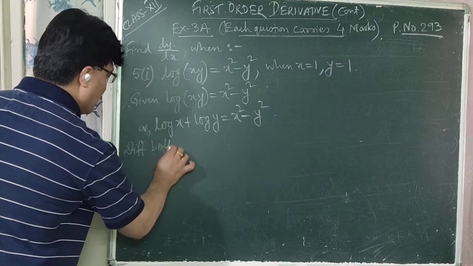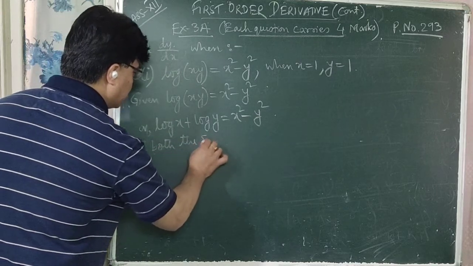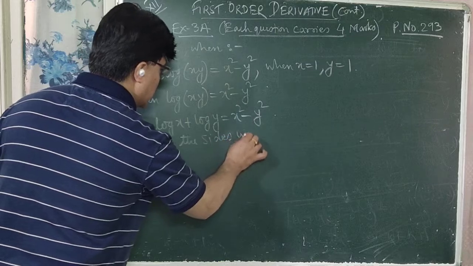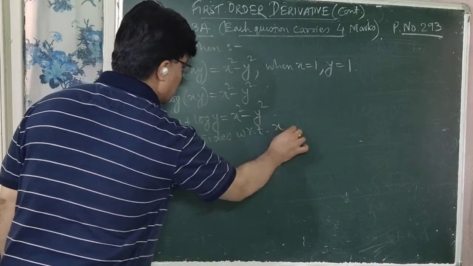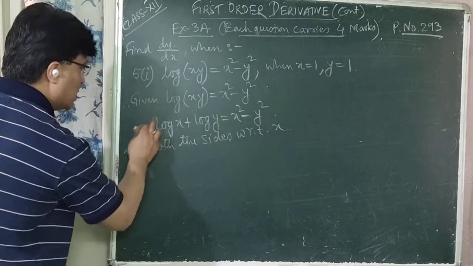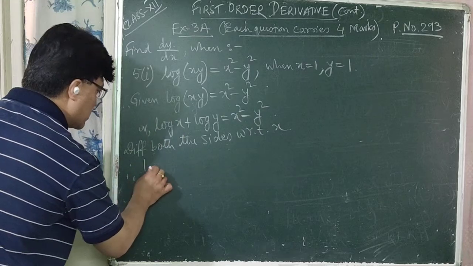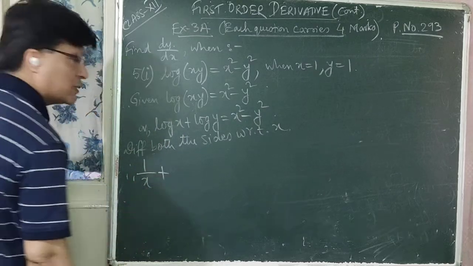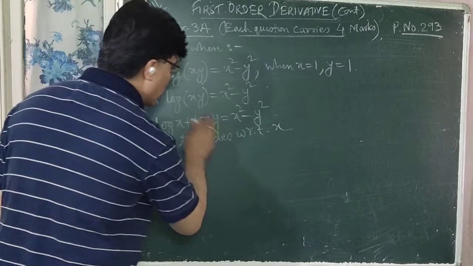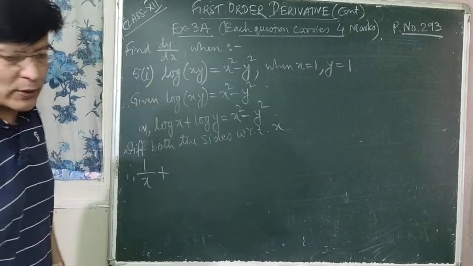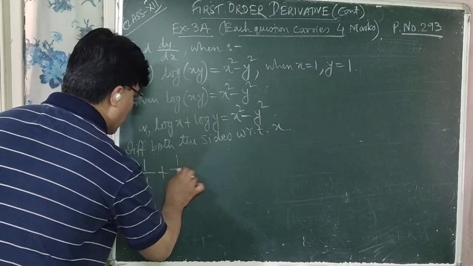Differentiating both the sides with respect to x. So what is the differentiation of log x with respect to x? 1 upon x plus, what is the differentiation of log y? Now we are differentiating it with respect to x. So first of all it is 1 upon y.